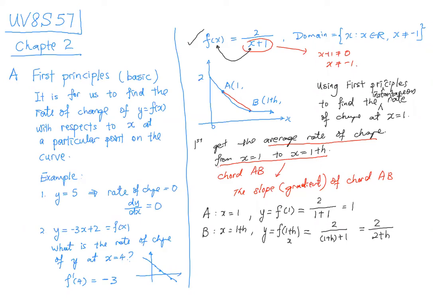I cannot do anything more. So now you want to find the slope of the chord AB, correct? So now you have the points.